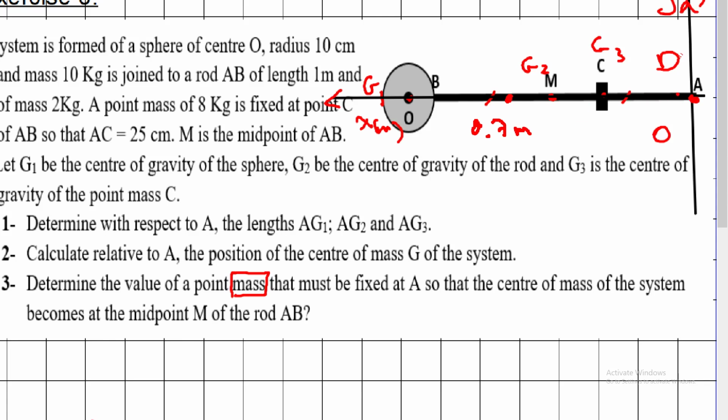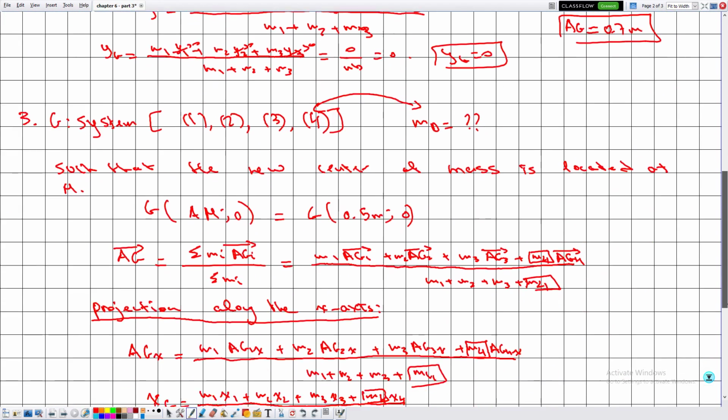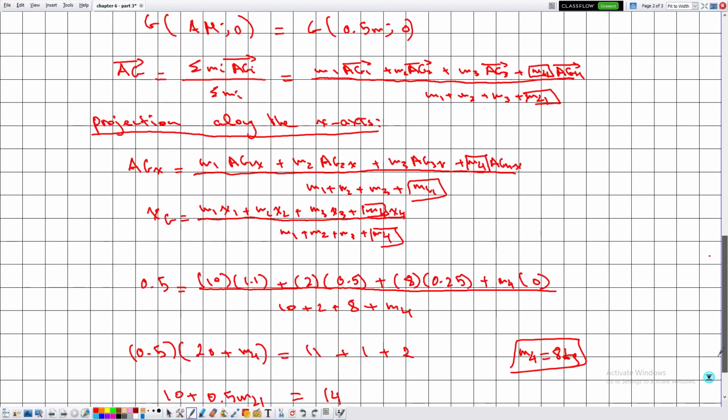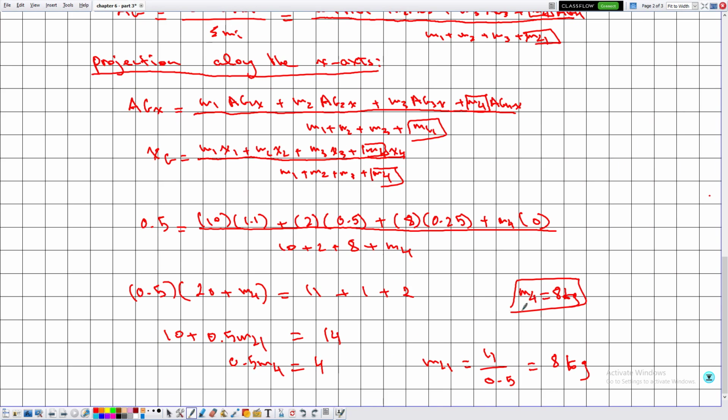Now they told us what mass must be placed at the point A in order to shift the center of gravity from here to the point M, and this is given by a mass M equal to 8 kilograms. So if we place at the point A a mass of 8 kilograms, then the center of gravity will be shifted from this point toward the point M, which is at 0.5 meters. So we have determined this mass.